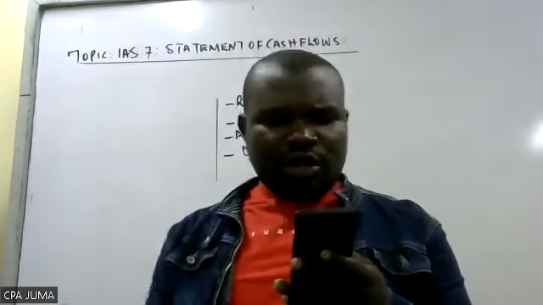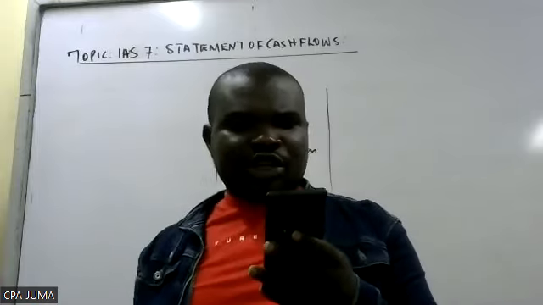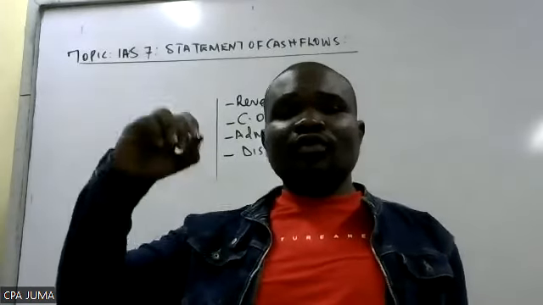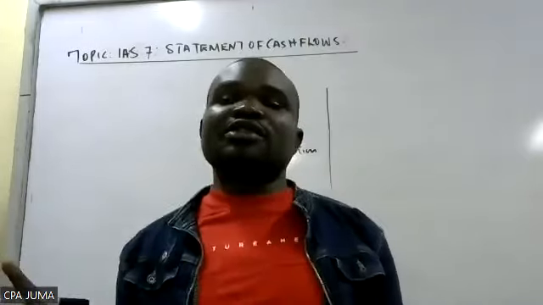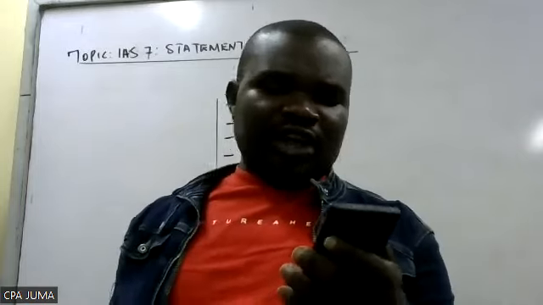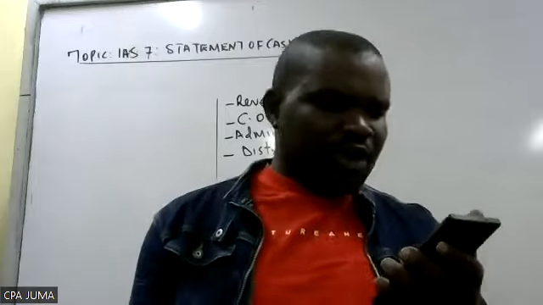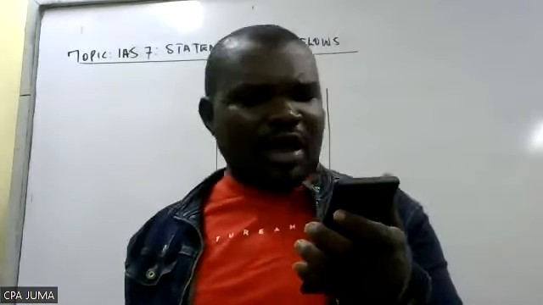Then you bring in working capital. You check the increase or decrease in current assets and current liabilities. Then investing: cash received on disposal, cash paid to acquire PPE, cash received on disposal of a subsidiary, among others.